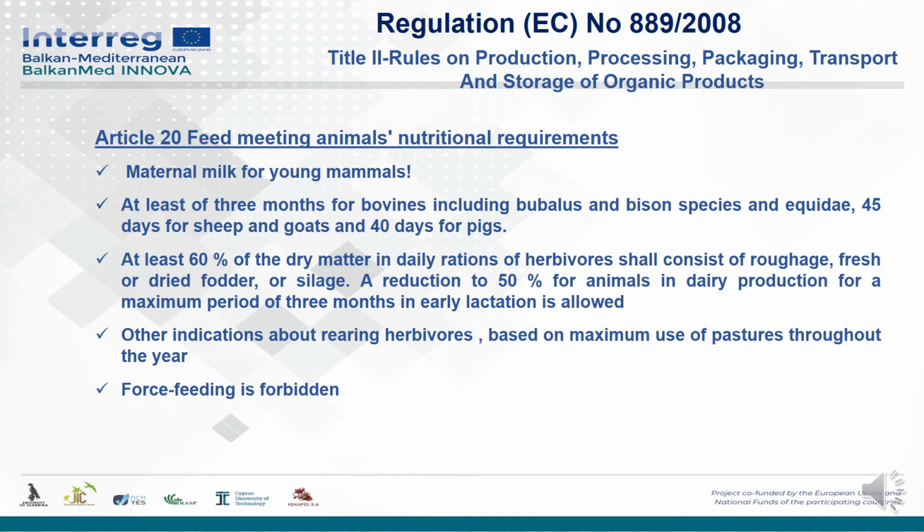A reduction to 50% for animals in dairy production for a maximum period of 3 months in early lactation is allowed. Other indications concern rearing herbivores based on maximum use of pasture throughout the year. Also, just to remind you, force feeding is forbidden.